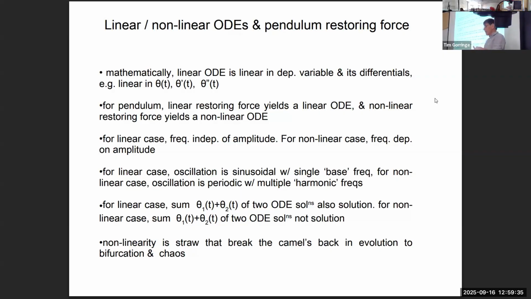If they don't appear linearly, then it's nonlinear. In our case, theta double prime appeared linearly and theta prime appeared linearly, but we had the sine of theta appearing, which is a nonlinear appearance of the dependent variable theta, so that's a nonlinear differential equation. That's the first point I want to make.